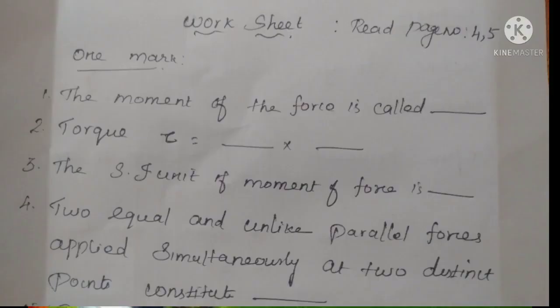It's time to do your worksheet. First, one word questions. The moment of the force is called dash. Second, torque tau is equal to dash into dash. Third, the SI unit of moment of the force is dash. Fourth, two equal and unlike parallel forces applied simultaneously at two distinct points constitute dash.